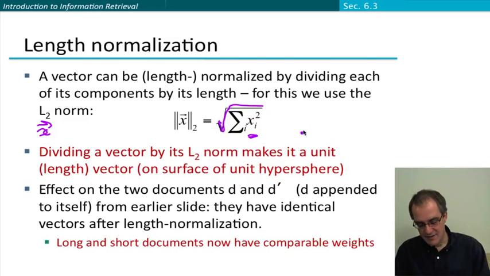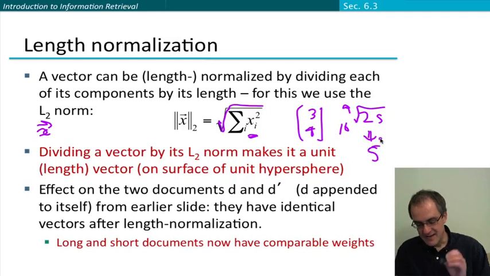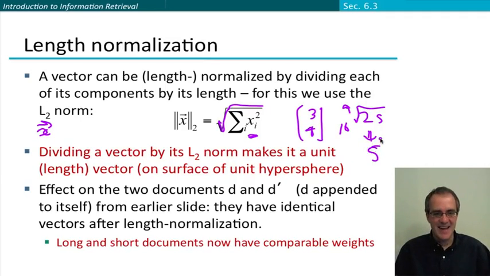So if we have a vector 3, 4, we take 3 squared, 9, and 4 squared, 16, add those to give 25, and take the square root to give 5. That's the length of the vector, just like in the standard Pythagorean triangle.